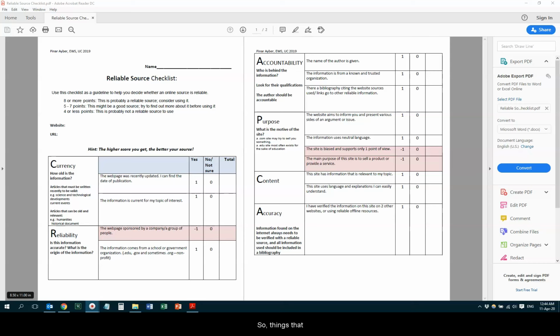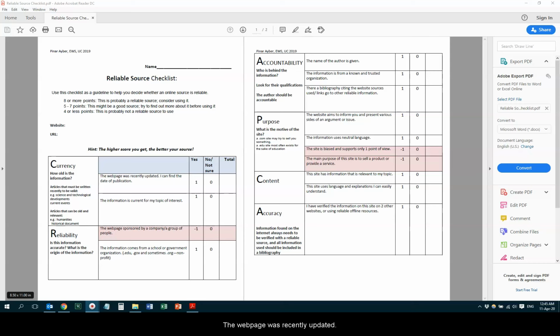Things that should be up to date in order to be valid would be science and technological developments and current events. However, documents that could be older and still relevant would be humanities and historical documents that talk about history and literature.